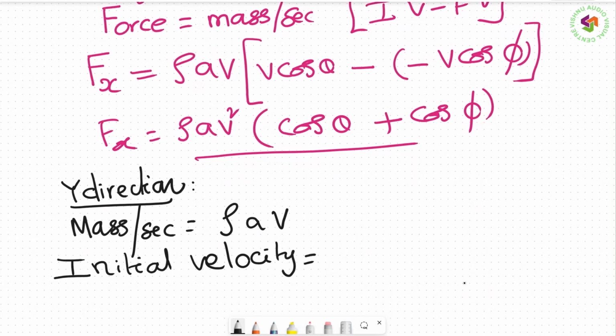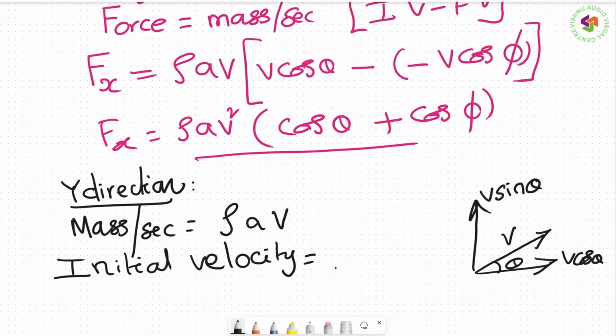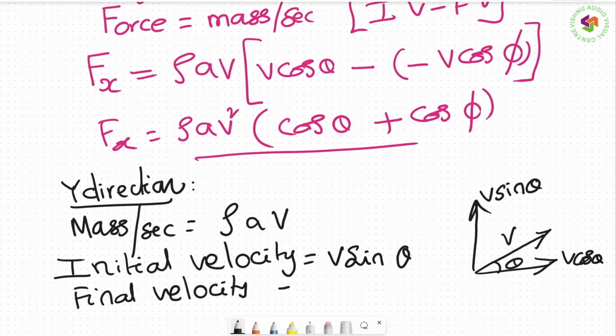Now, this is how it strikes. This is V. So this is V cos theta because this angle is theta. This is V sin theta. What is final velocity? The correct meaning: initial velocity means the velocity with which the jet strikes.